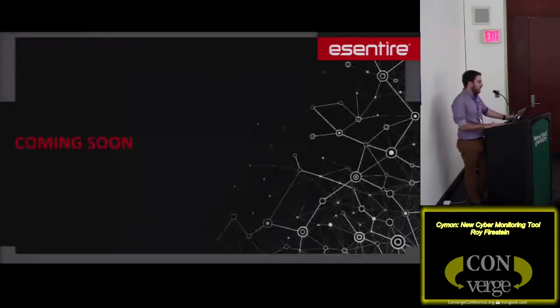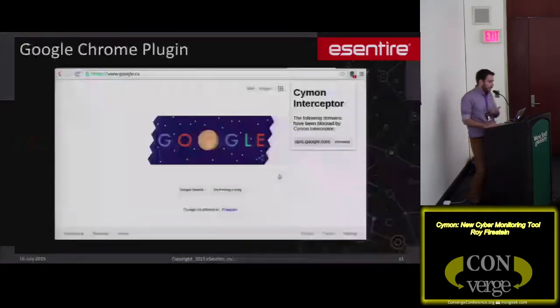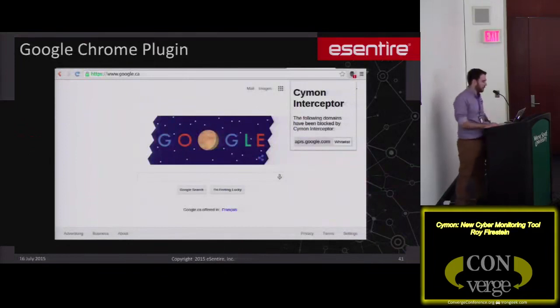I just want to share with you some stuff that's coming up very soon, that we're working on. As I mentioned, we're working on a Google Chrome plugin. The idea is basically to imitate ad block, but instead of blocking ads, I want to block malicious ad networks or websites that host phishing or malware and so on.